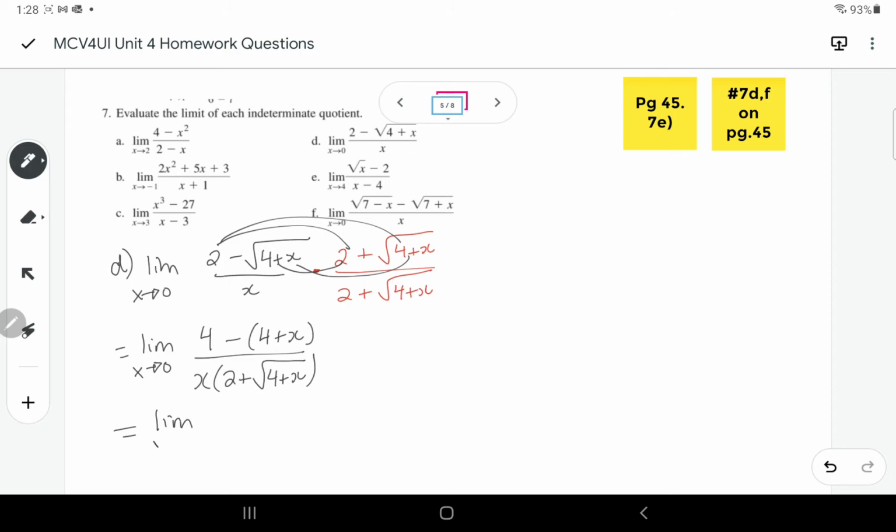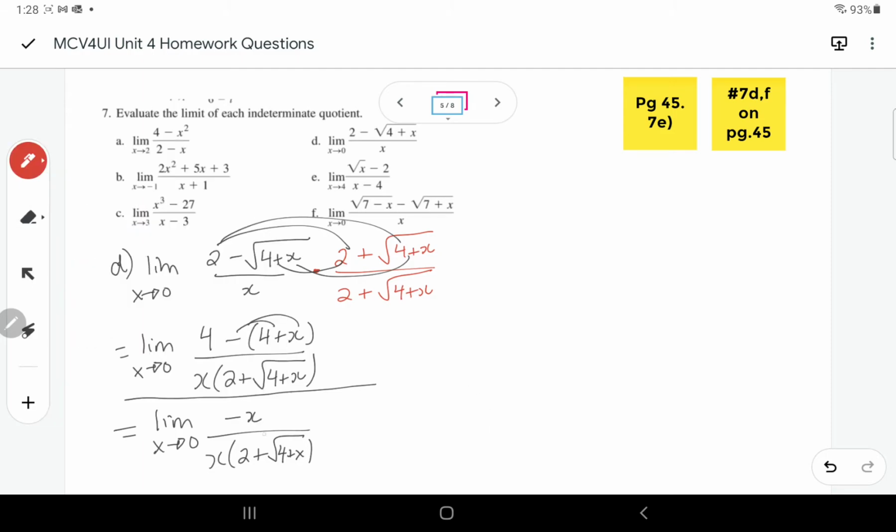So we get the limit as x approaches 0 of 4 minus 4 is gone, and then minus x is left because that negative will FOIL in there, over x times 2 plus the square root of 4 plus x.